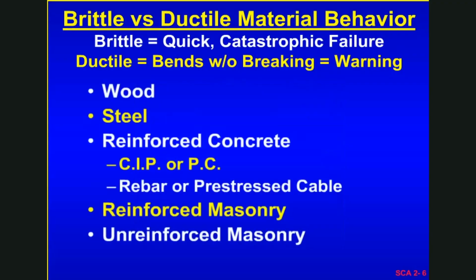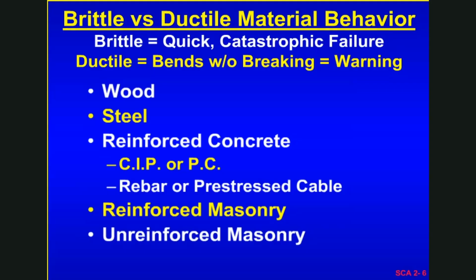And the materials that we normally build with are wood, steel, reinforced concrete, and masonry. And of those materials, we could start with wood and say, well, wood does break as illustrated, but when you put a wood structure together with lots of sheathing and plywood and so forth, you can find that it actually makes a fairly ductile structure.